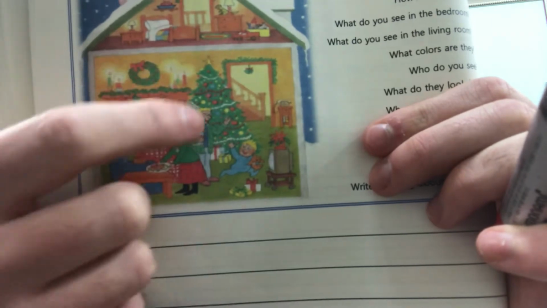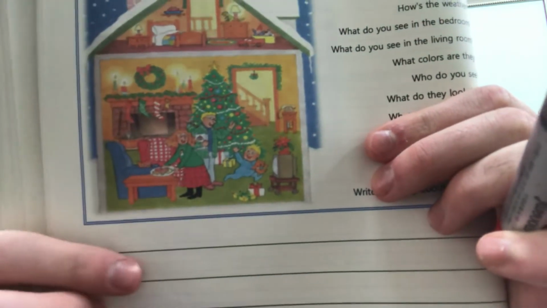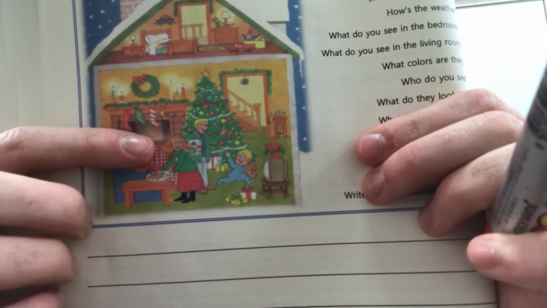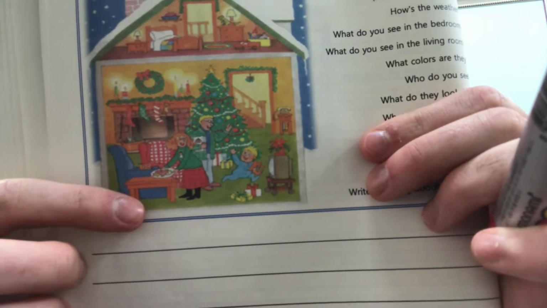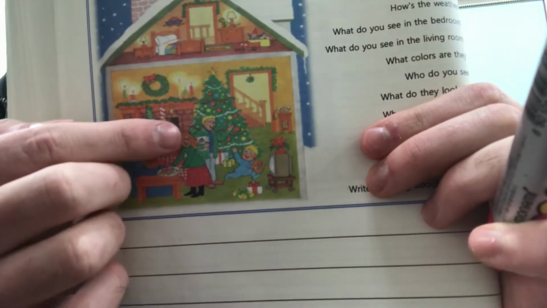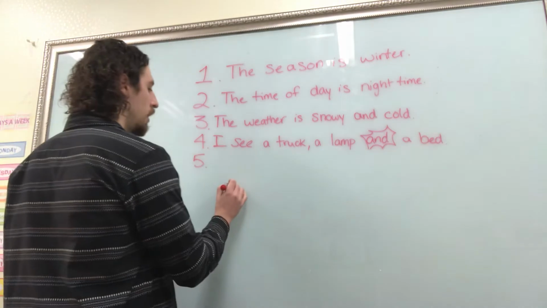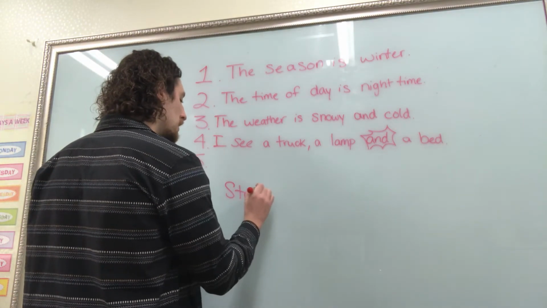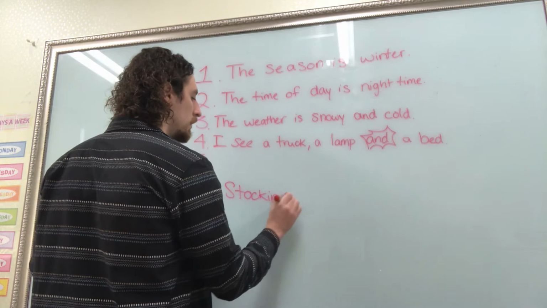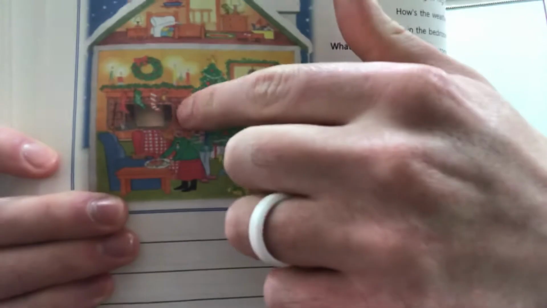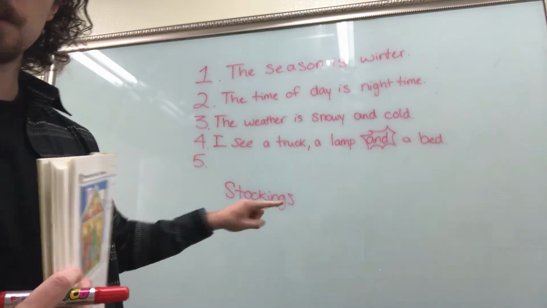That is a Christmas tree. And we also have a chair, a table. Those socks are called stockings, okay? So if you look at the picture, those right there, 1, 2, 3, those are stockings, okay?